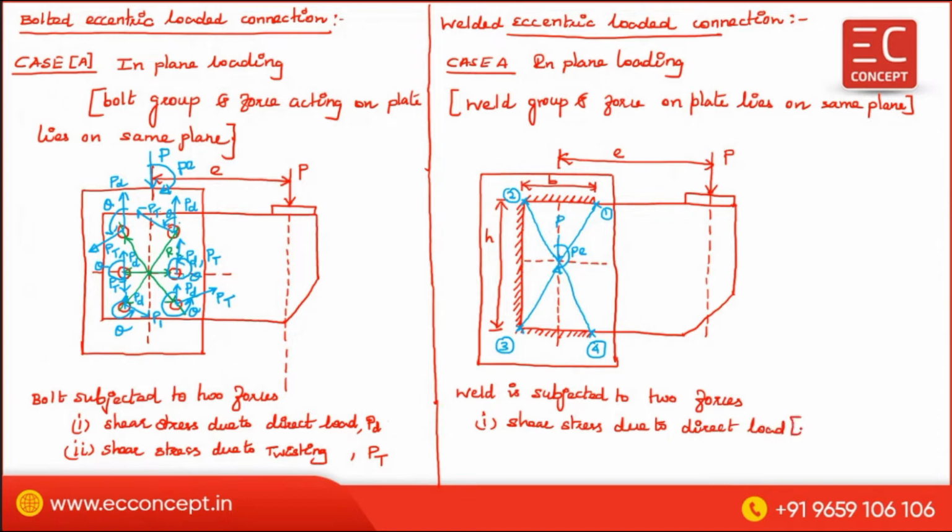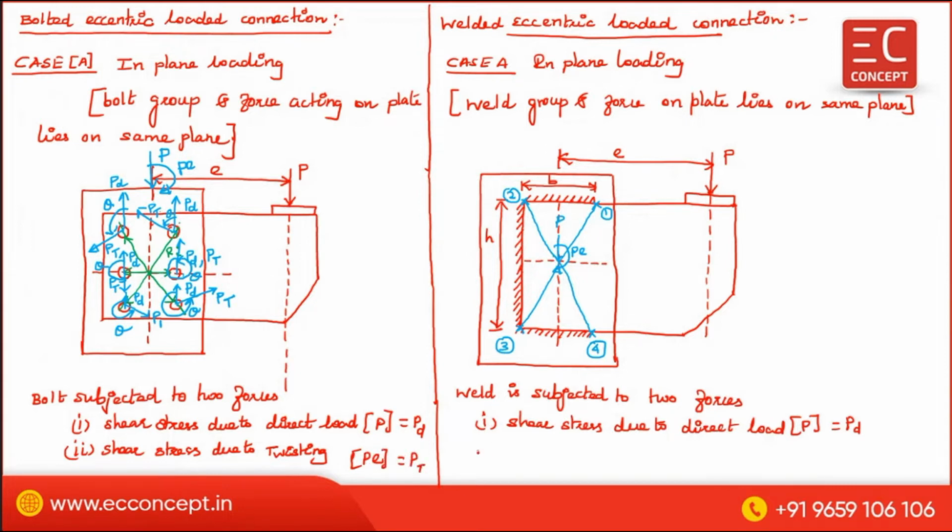That direct load is P, which is equal to PD. Here also I have to write like that only: direct load P, which is equal to PD. Here there is a twisting, that is P into E, that is PT.